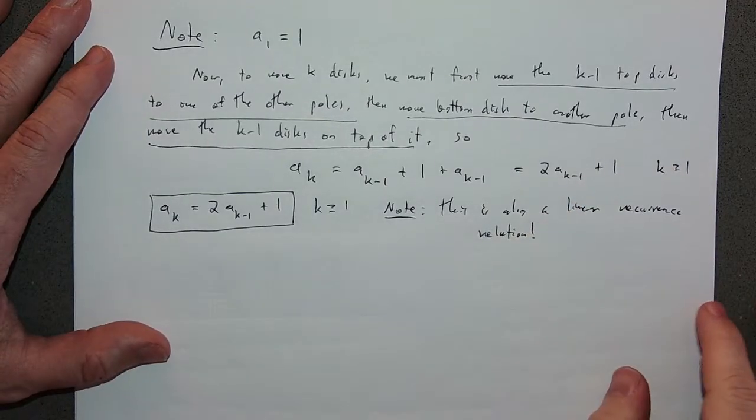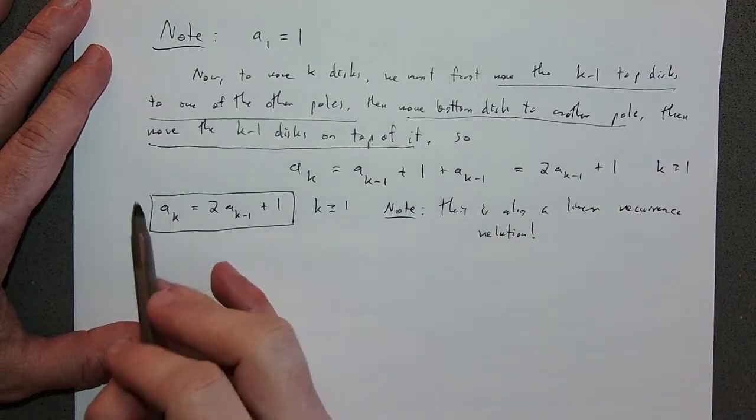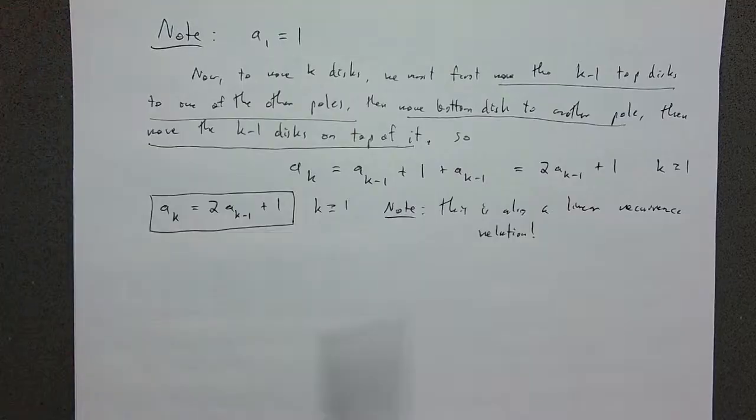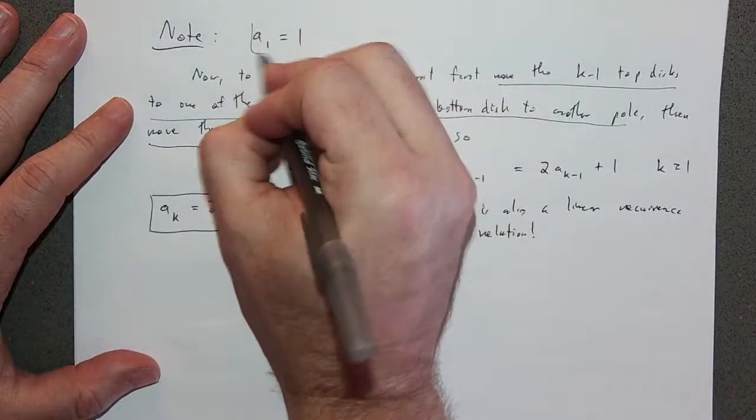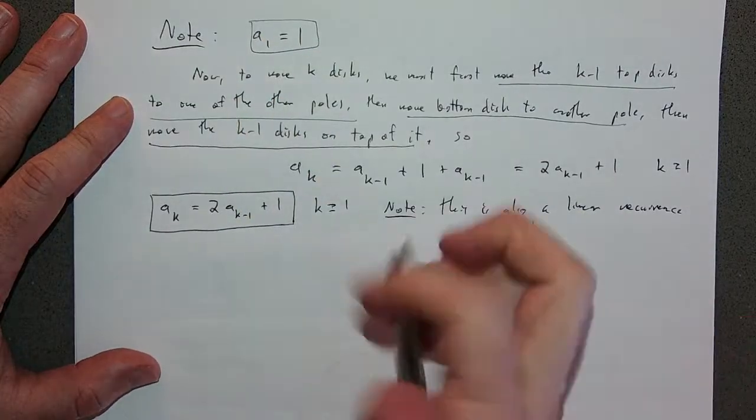So just like in the case of the Fibonacci numbers, I get a different recurrence relation. It is linear because it is linear in the previous terms in the sequence. Starting with a sub 1 equals 1, this generates the whole sequence.